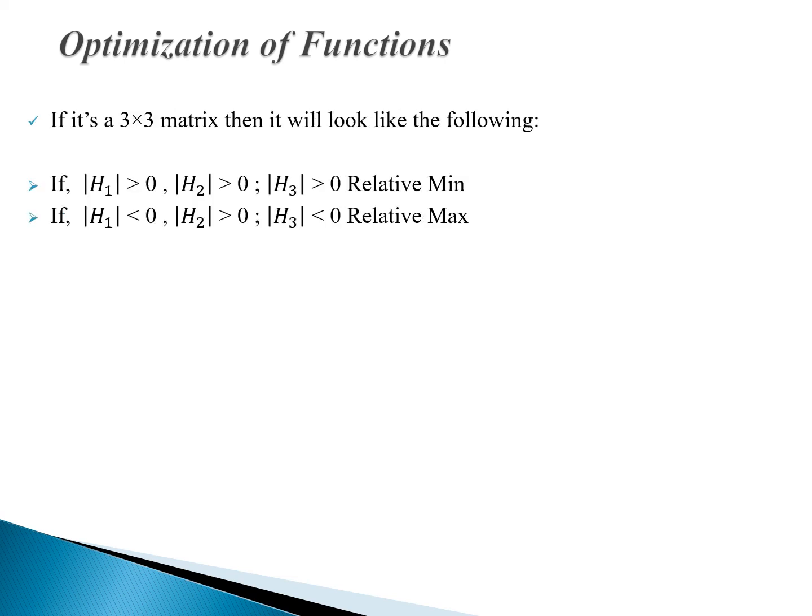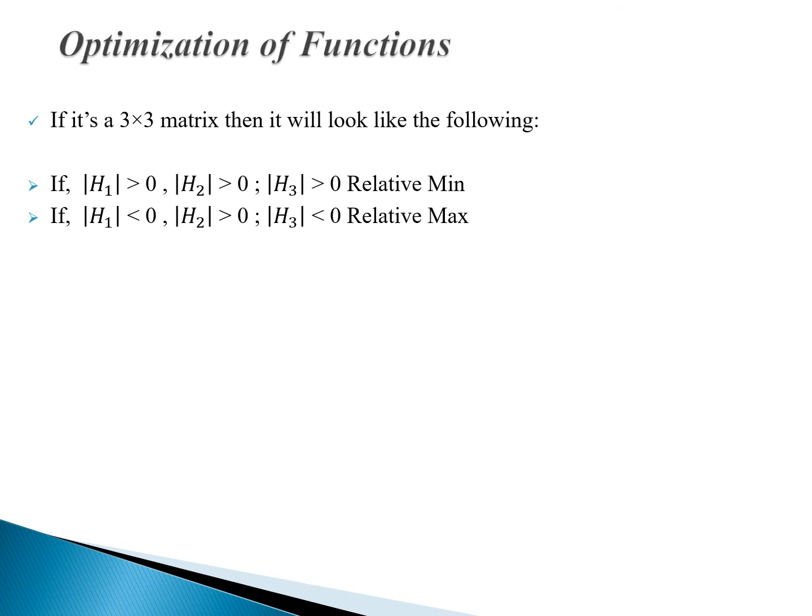Now, in terms of the decision making procedure for a 3 by 3 matrix, if the first leading minor H1 is greater than 0, H2 is also greater than 0, which we will identify through the operation of finding a determinant, and H3 is also greater than 0, which we will also identify by solving for a determinant, then the function is at its relative minimum.